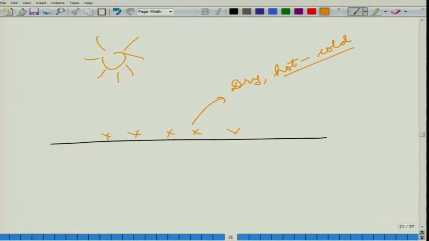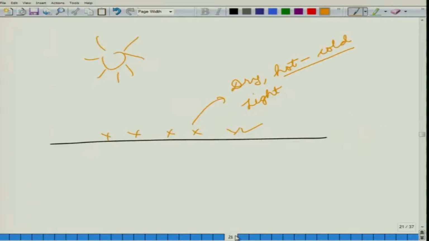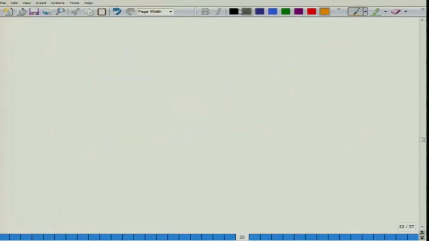We have this transition, plus this area has lots of light. So, the kinds of species that you will find here will be very different from the kinds of species that you find here. And why would that be so? Because of a condition known as a norm of reaction.